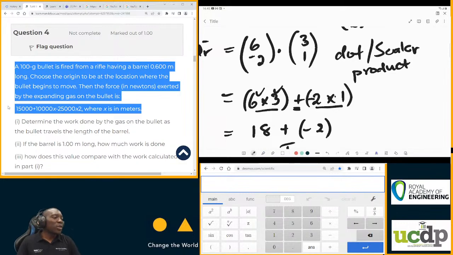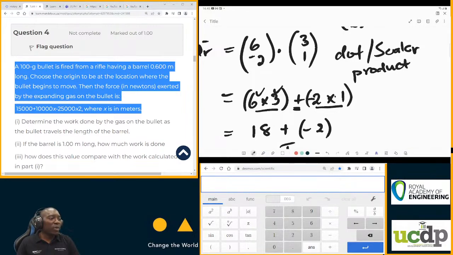We'll see. So 15,000 plus 10,000 x, a quadratic expression there, a constant term, a term in x and a term in x squared, where x is in meters. So this is the equation describing the force in newtons exerted by the expanding gas on the bullet.